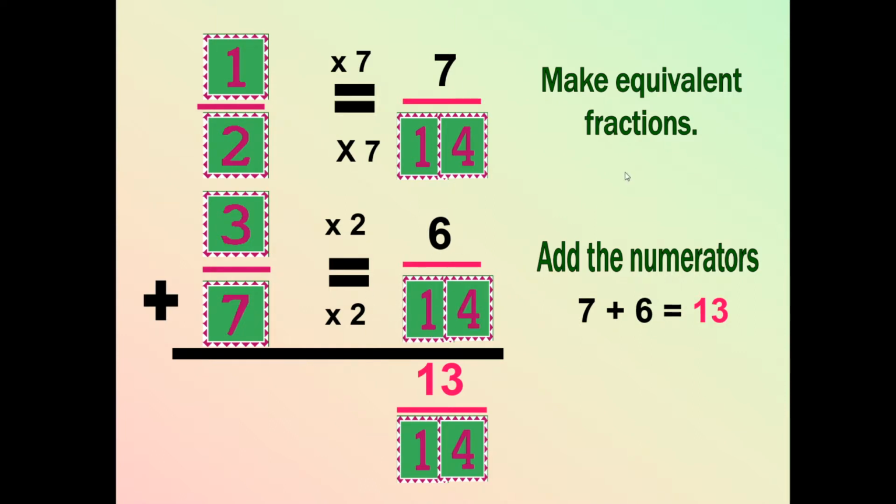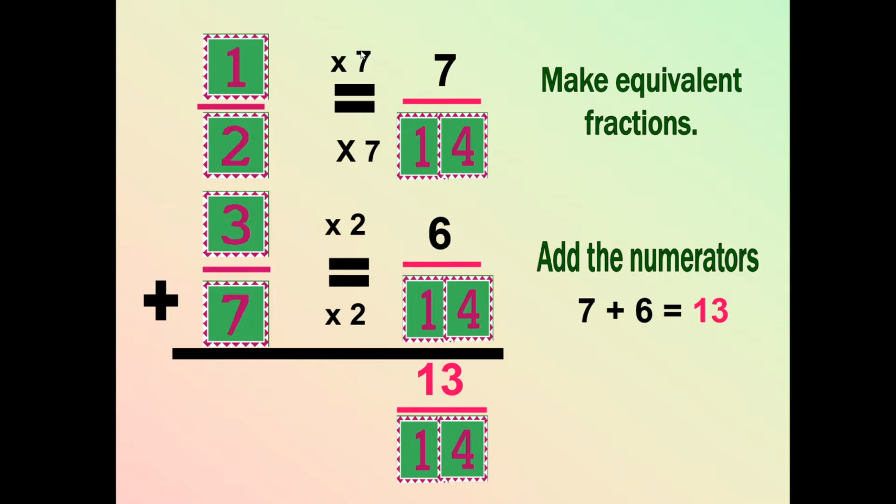Now we need to make equivalent fractions. What does that mean? How do we get 14 if you have 2? You multiply it by 7. So 2 times 7 is equal to 14. If you use 7 over here, that means you also need to multiply your numerator by 7.